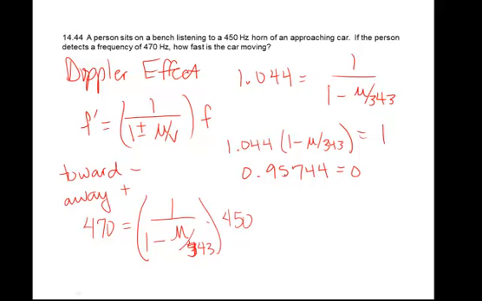So 1 divided by that is that number, and that's going to equal 1. So 1 minus mu over 343 equal to 0.95744. So then mu over 343 is going to be this number minus 1.